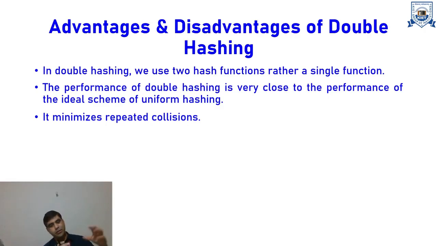In both those cases most of the keys are mapped to one part of the table. But in double hashing, the keys are mapped uniformly to the hash table, and it minimizes the collisions.